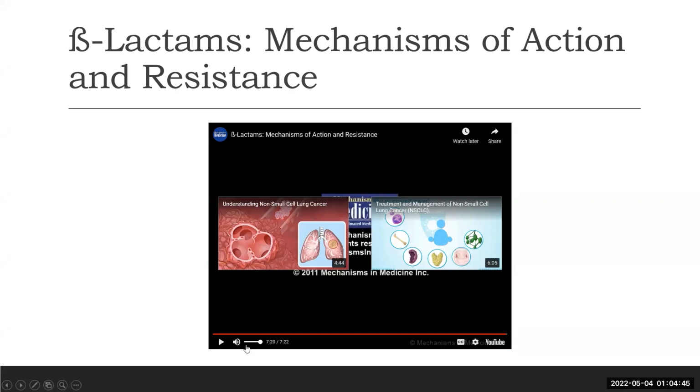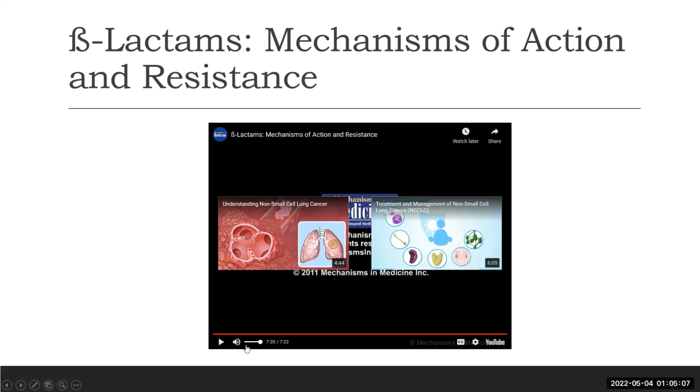Okay, so you guys just learned about the mechanism of action for beta-lactams and how they inhibit cell wall synthesis, leading to lysis of the bacterial cells. And then also about the importance of resistance that is developed to certain antibiotics.